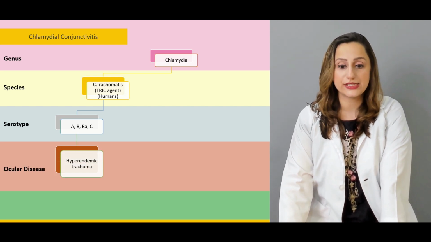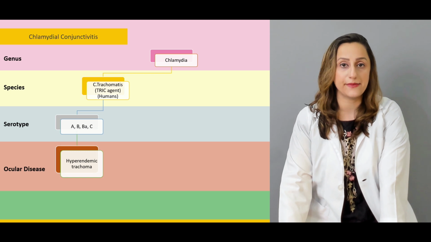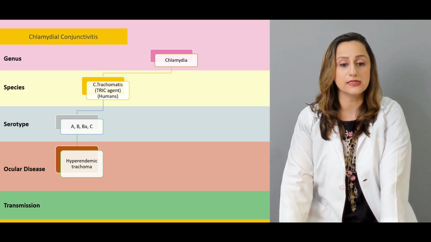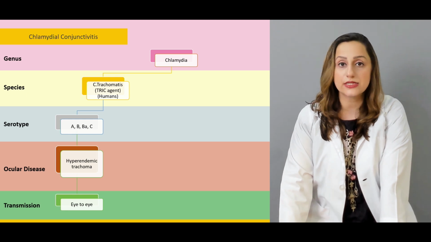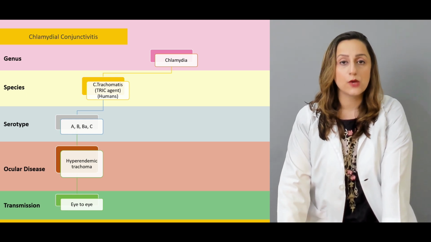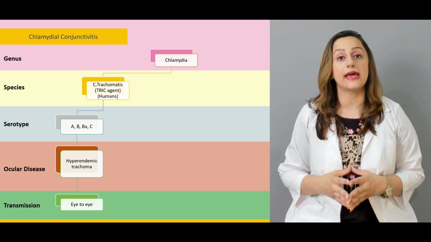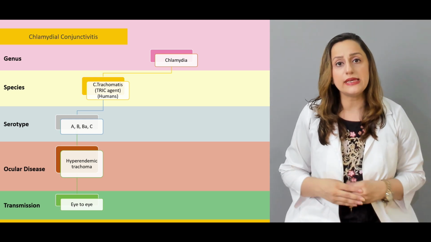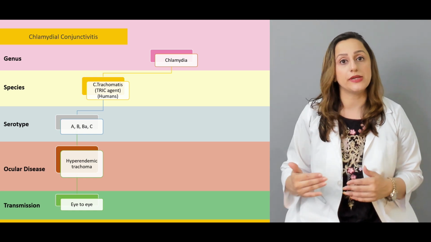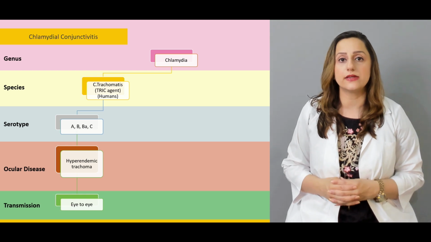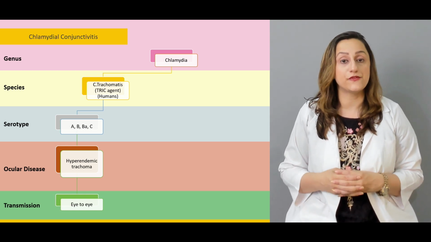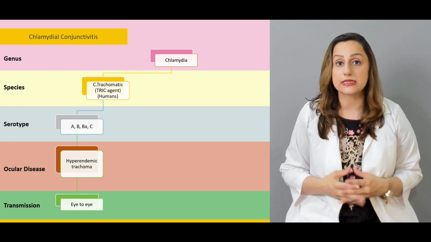Moreover, we have the ocular disease, hyperendemic trachoma. The transmission of this Chlamydia trachomatis is usually eye-to-eye, which is also known as direct transmission. When we say eye-to-eye, it can be an airborne infection, or it can involve a vector-related carrier, including flies or other insects.